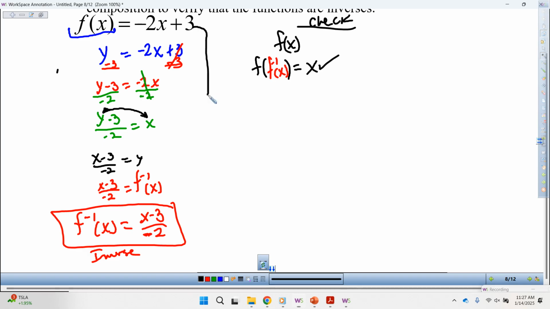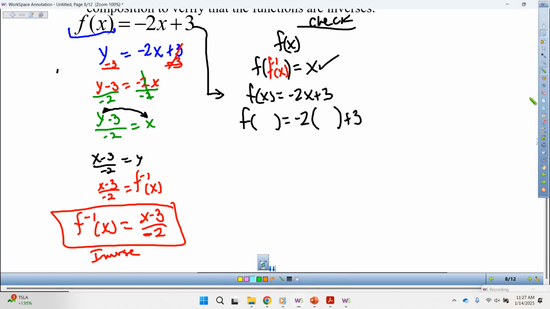Bring f of x down. We got f of x equals negative 2x plus 3. F of parentheses equals negative 2 parentheses plus 3. I'm going over this because I sense a disturbance in the force. Here we go. This is on the left side of the equal sign, yes? So what do I substitute in here, Mr. Q?